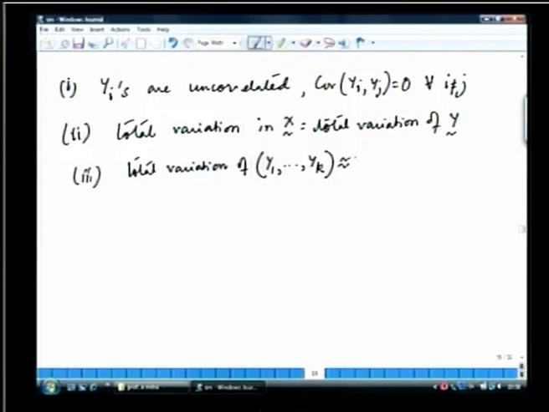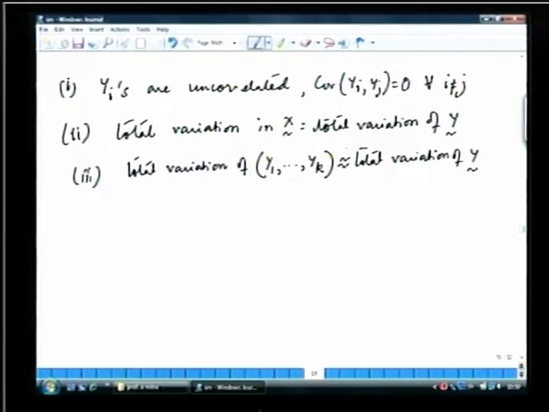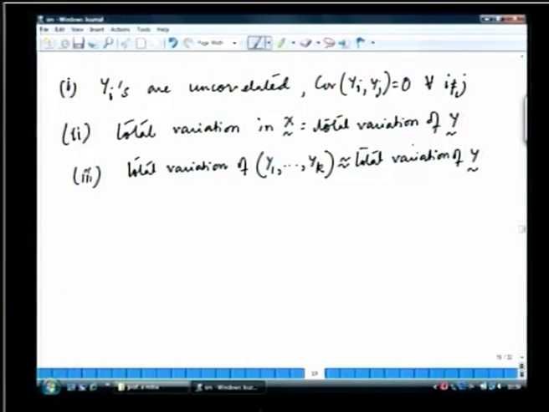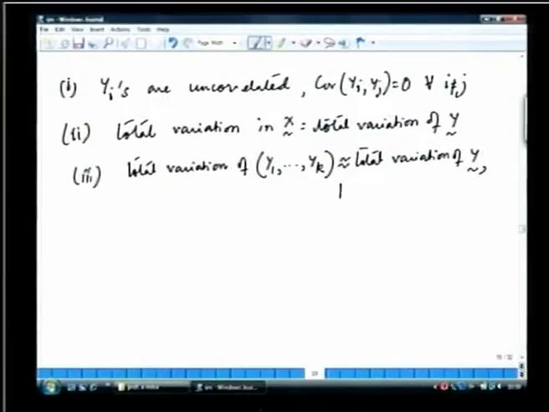So this is approximately equal to the total variation of y. When I say total variation of y, I mean that all p members of y are present, but the crux of the matter is this total variation can be explained with a much smaller number of variables y1 to yk. When I say much smaller number of variables, I mean that k is really less than p, much less than the total dimension p.